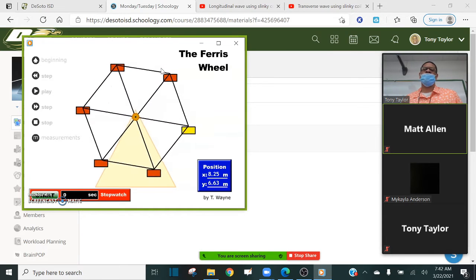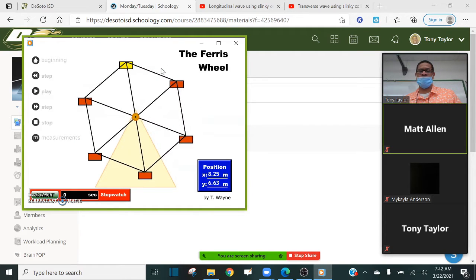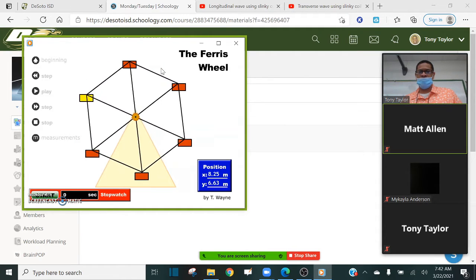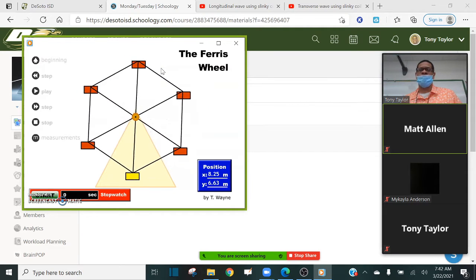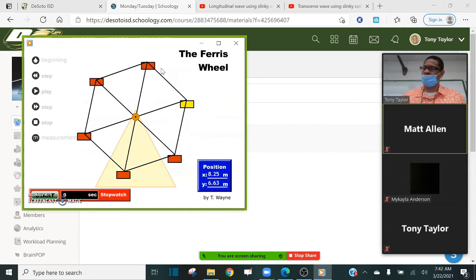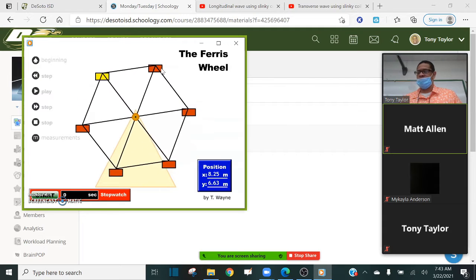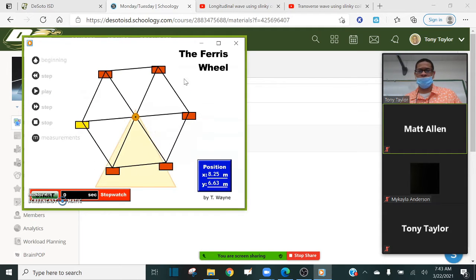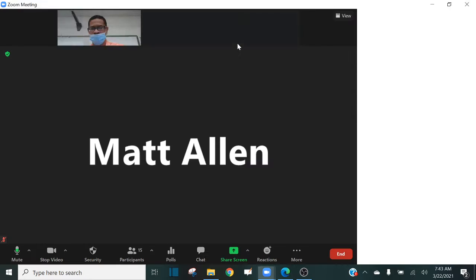When we stopped our watches, that gave us our period in seconds. That's how we found our period. And remember, in order to find the frequency, we just did 1 divided by that number, because frequency just means how often, whereas period means how long. So just something I wanted to remind you guys of.